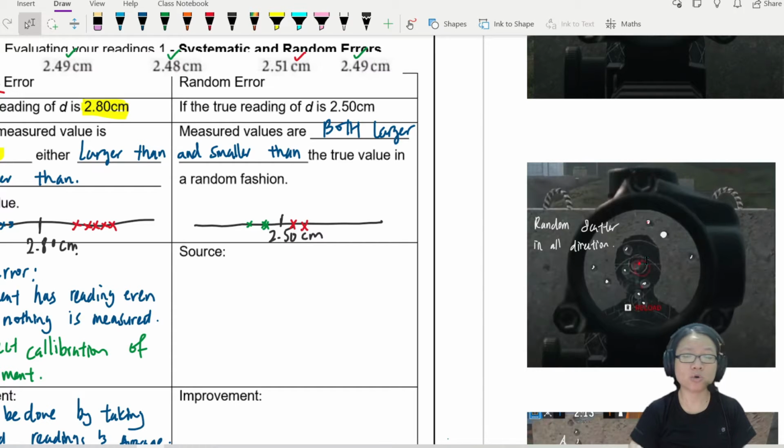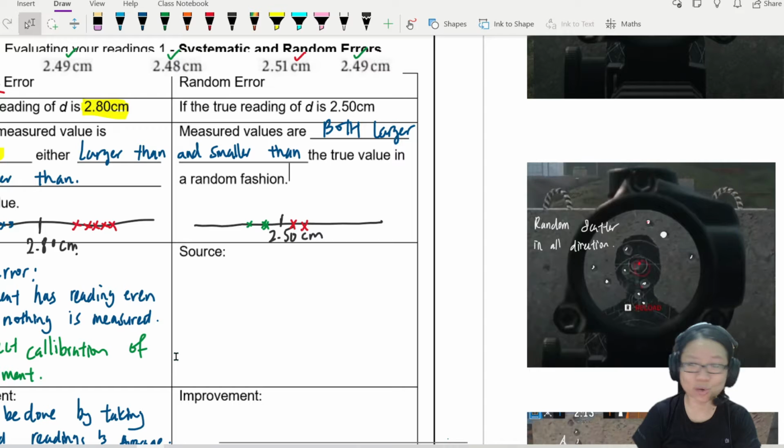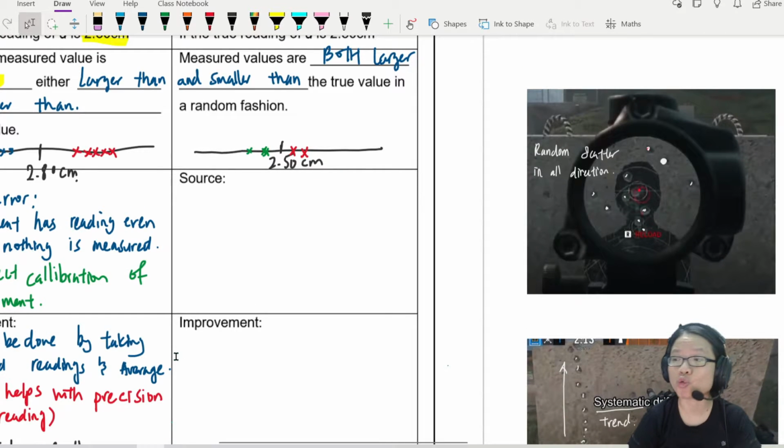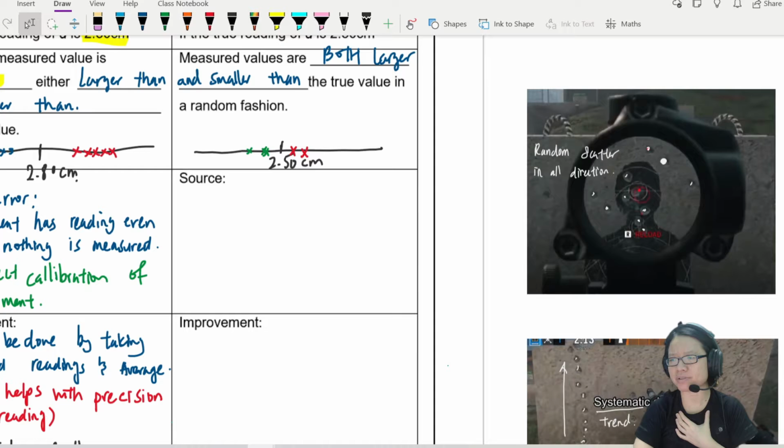Okay, so what are the sources of this random error? The easiest one to talk about is human. We, me, yes, we are all sources of random errors because maybe there's wrong technique, all sorts of weird things can happen. So I'll just write here, human error.